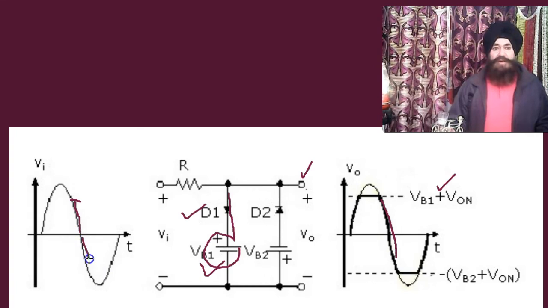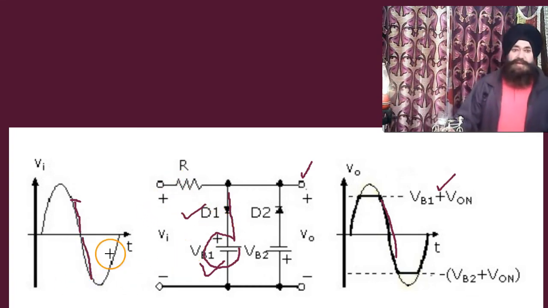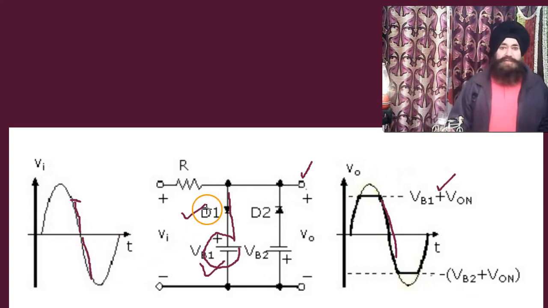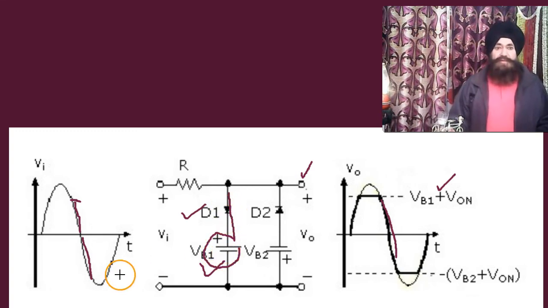Now when the negative part comes, the negative cycle does not have any role on D1. This negative end could not make D1 forward biased, because D1 is already reverse biased, and this negative half is the opposite.